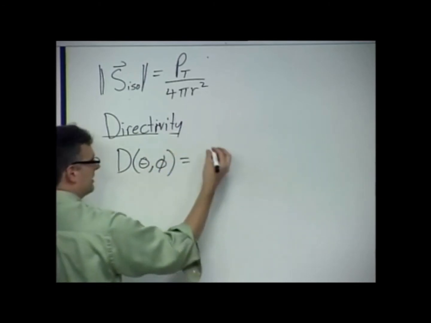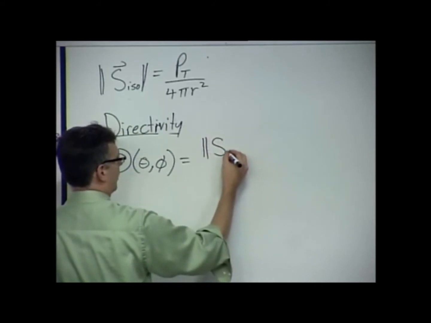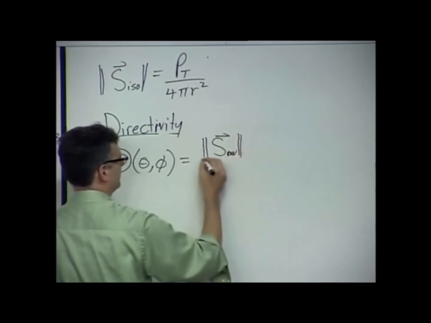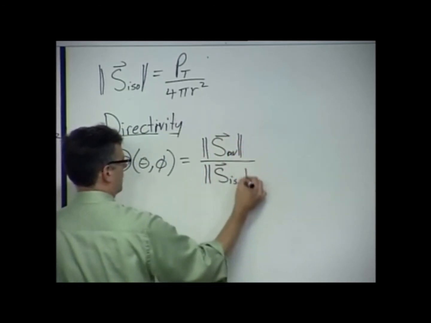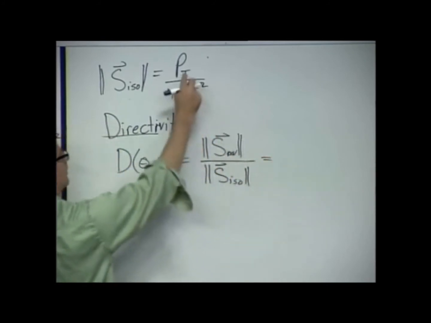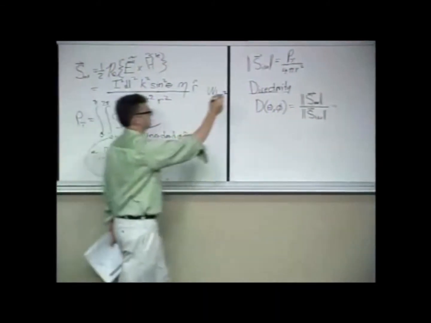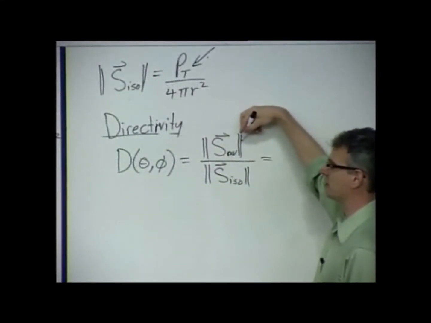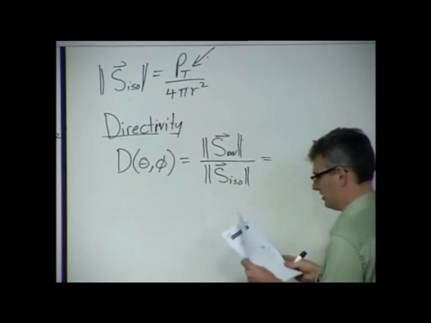And it is, by definition, your radiated power, which we called SAV, with respect to your isotropic power. So I take this power that I found, the total power here, I plug it into here. I've got an expression for my average pointing vector up there on the other board as well. When I'm finished, this is what I get.